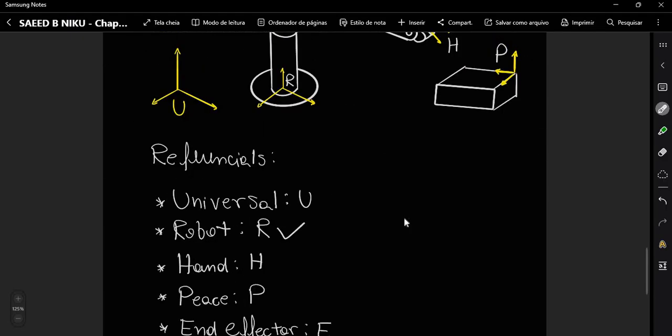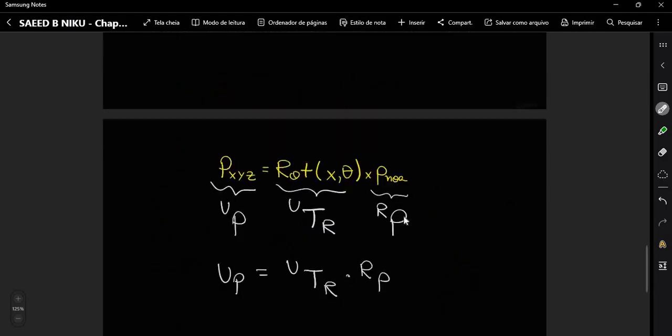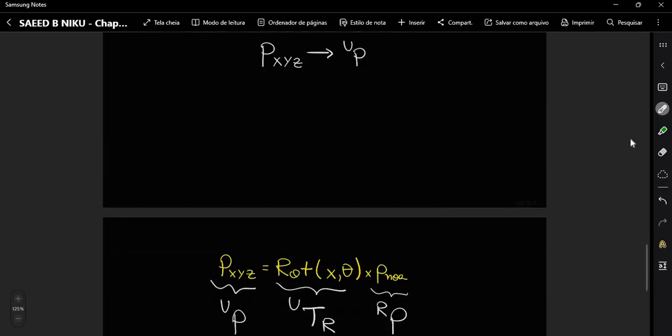So we need to identify each transformation.